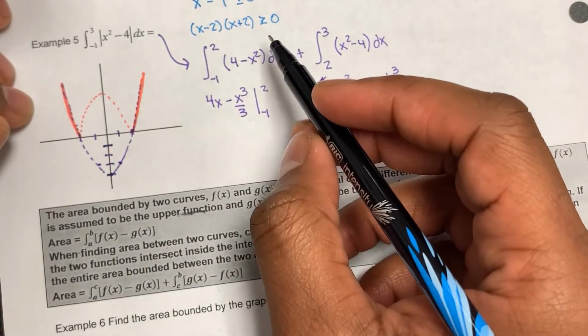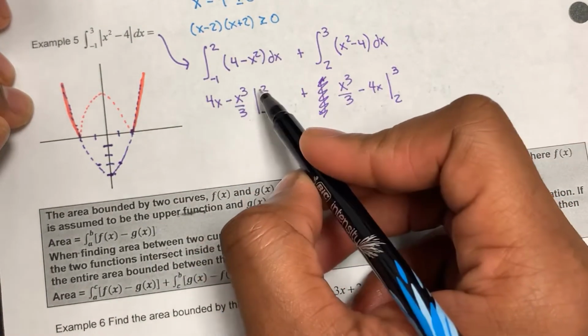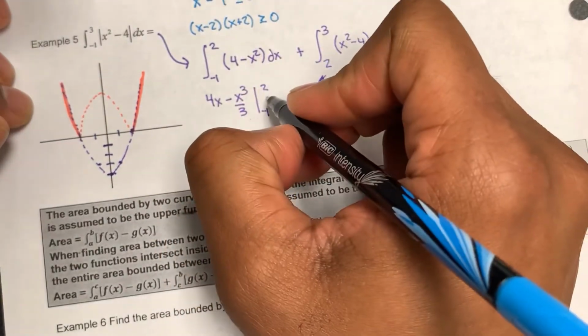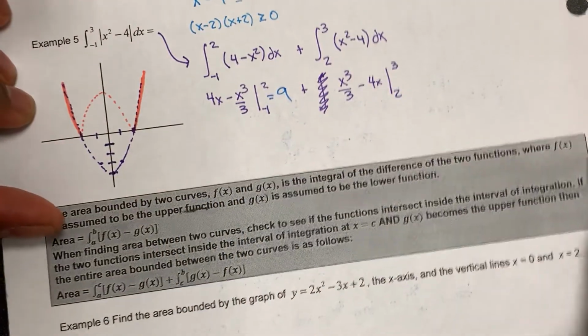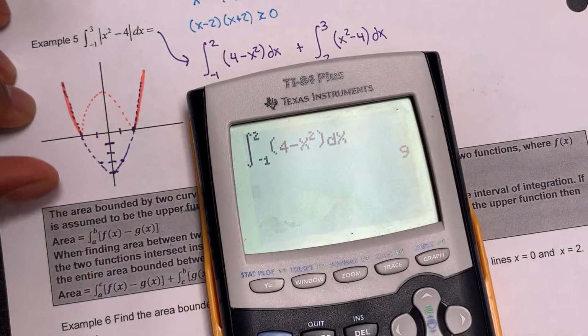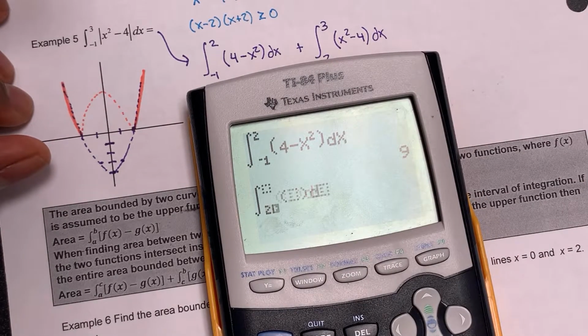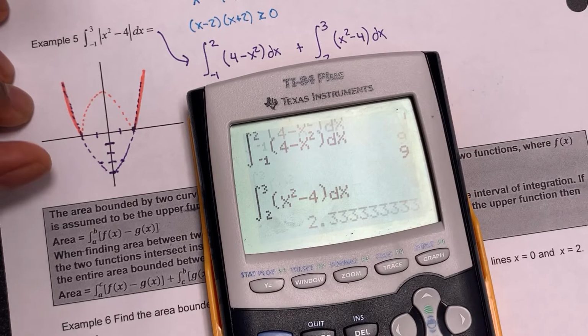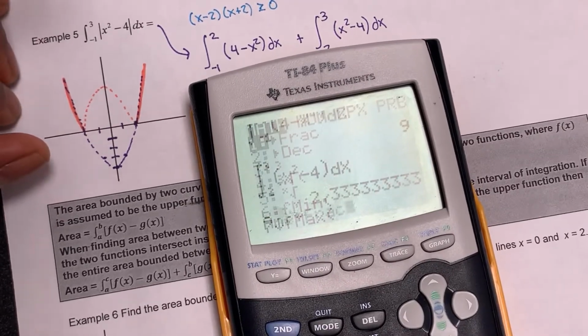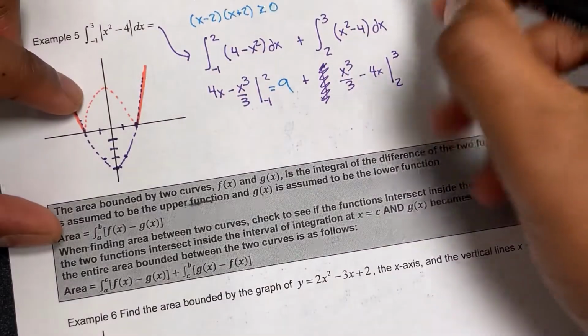So -1 to 2. Yeah. So this integral equals 9, and then 2 to 3 of x squared minus 4 dx, what's that, 7/3.